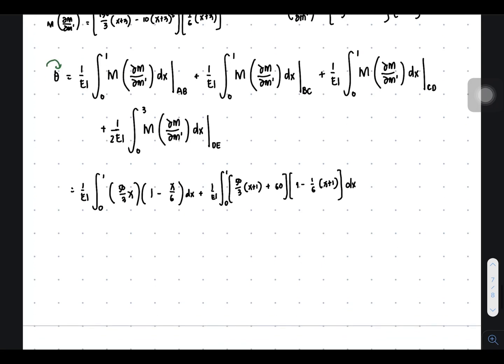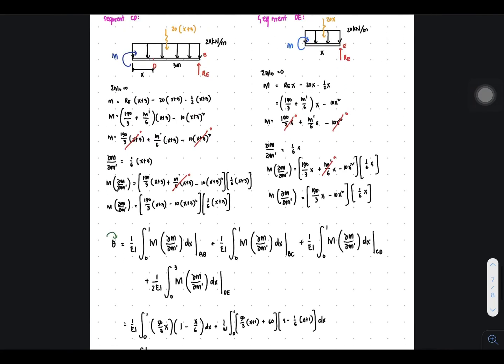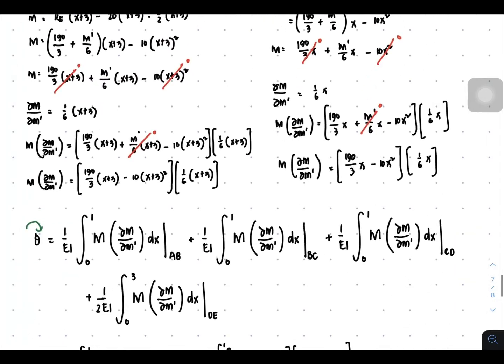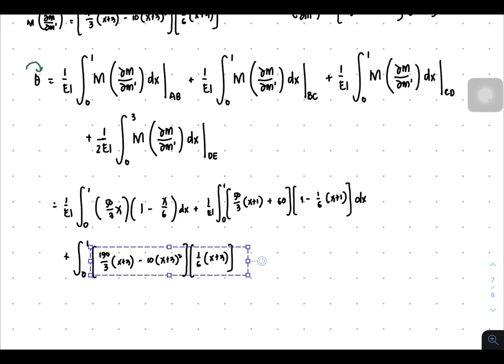There. This would now be dx. And for the third one, the limit is still from 0 to 1. So this is CD. So let's copy this and paste it here.